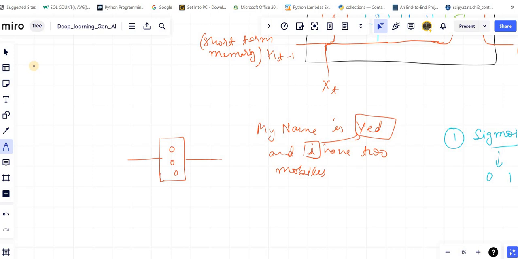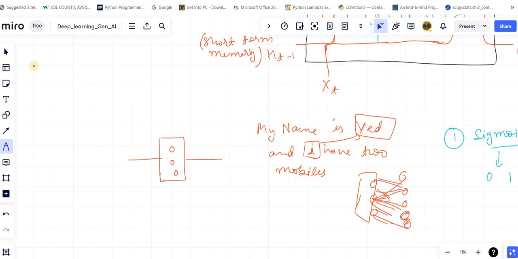Now, in terms of ANN, what exactly happens? Understand this connection. This entire sentence goes directly in one shot to the network. It does not keep the information with the sequence.